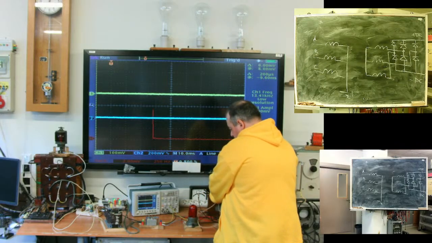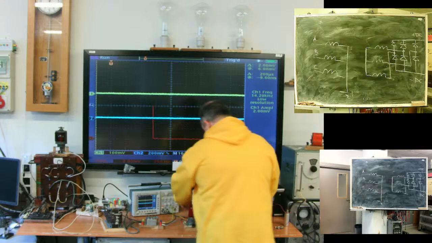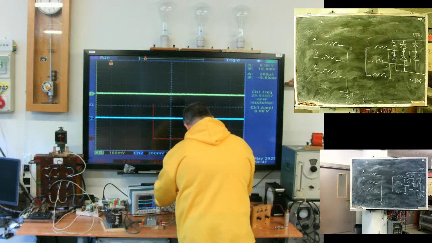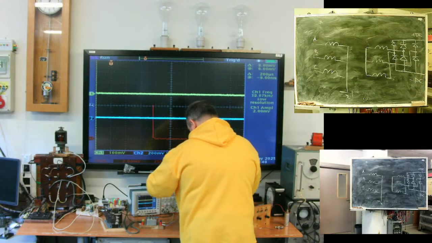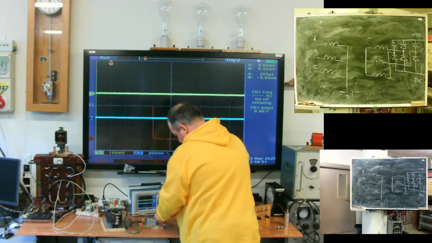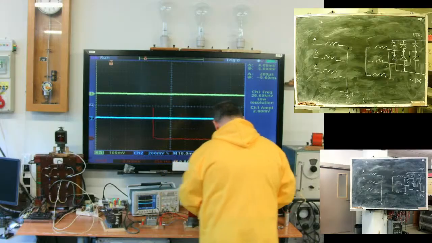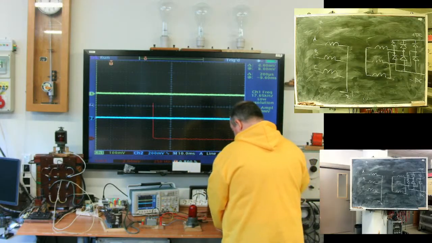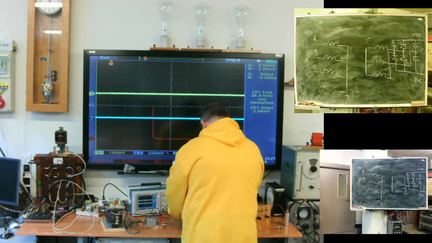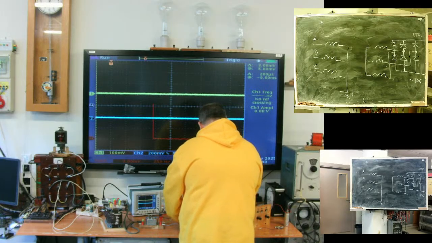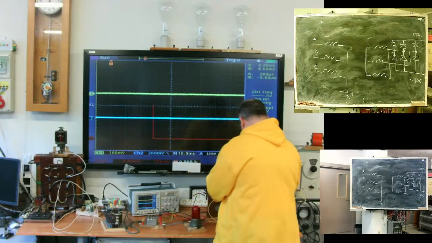One moment, I will connect one more wire.